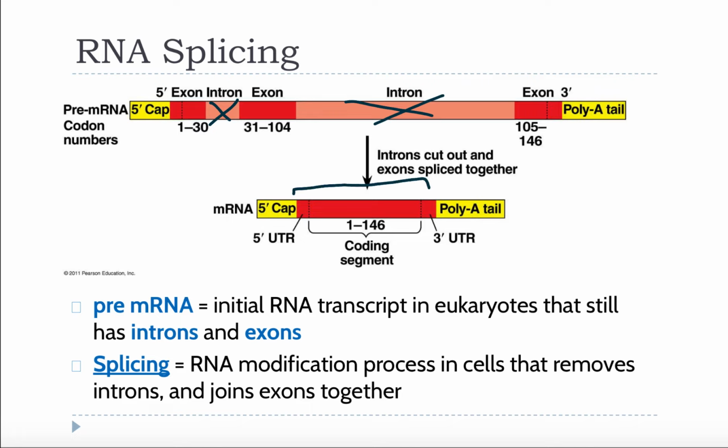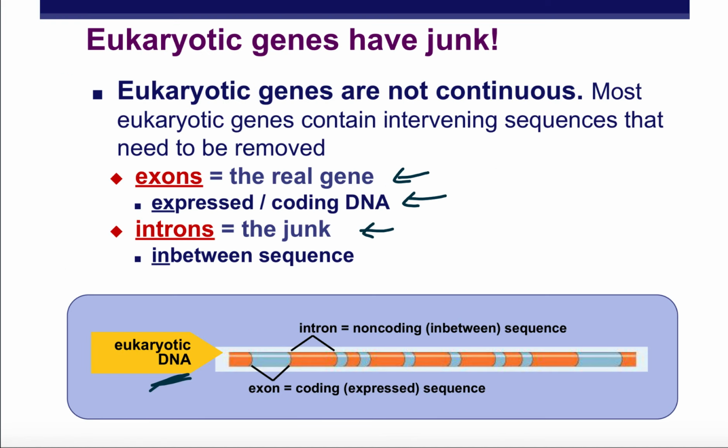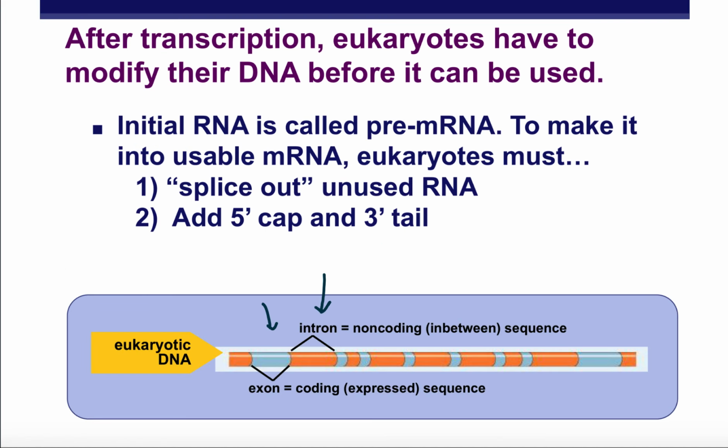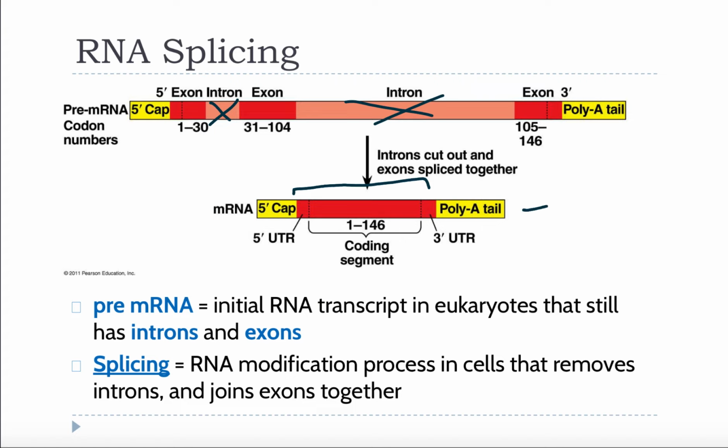And then on top of that, you're going to add, like I said, a 5' and 3' tail, which you can see in this image, some protective 3' and 5' ends. So RNA splicing is the process of cropping out those introns and joining together all those exons. The RNA, before it's been fully processed and has those introns removed, we call the pre-mRNA.